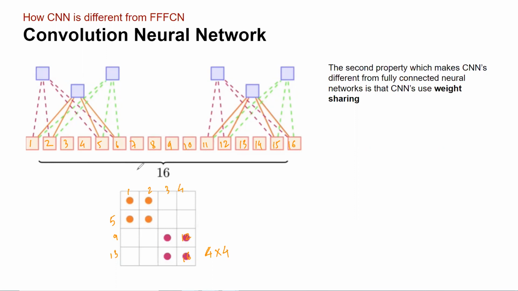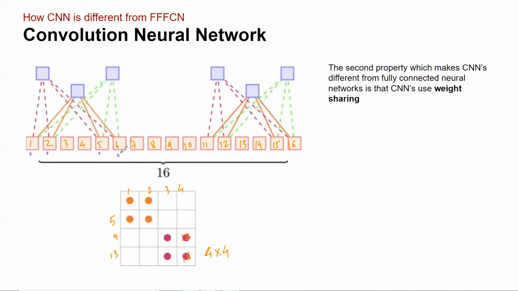Where is the position of these 4 pixels? They are not 1, 2, 3, 4. They are 1, 2, 5, and 6. Sorry, yeah. This one, this one, this one, and this one.